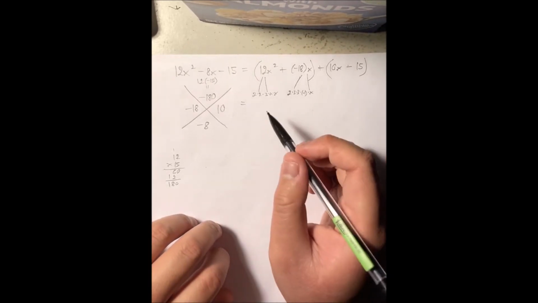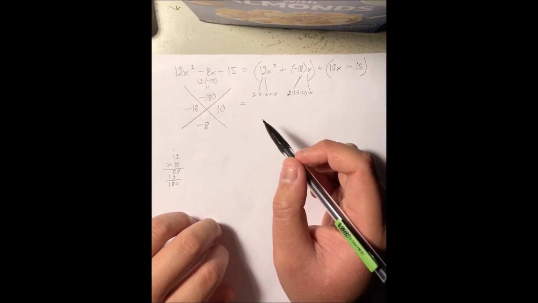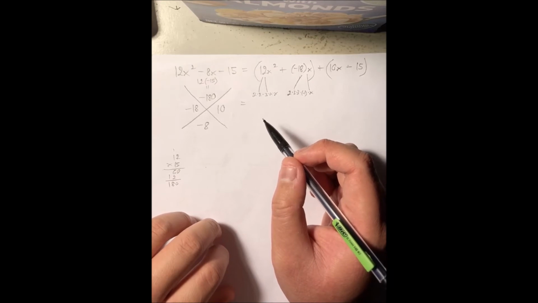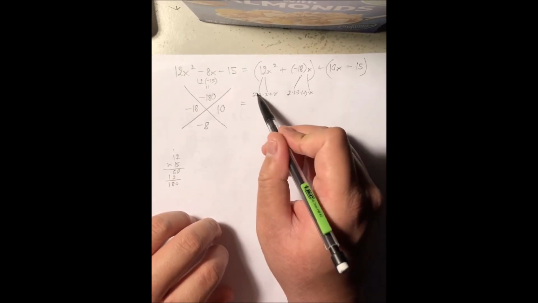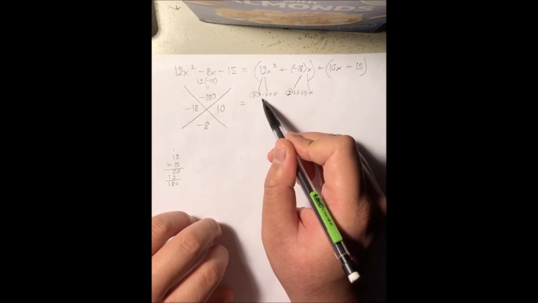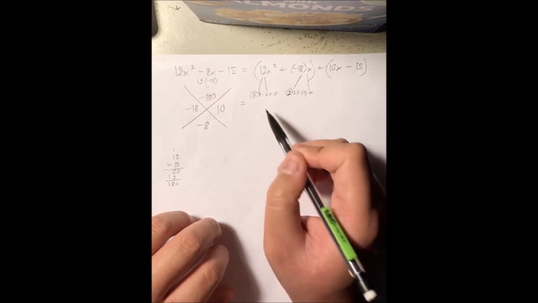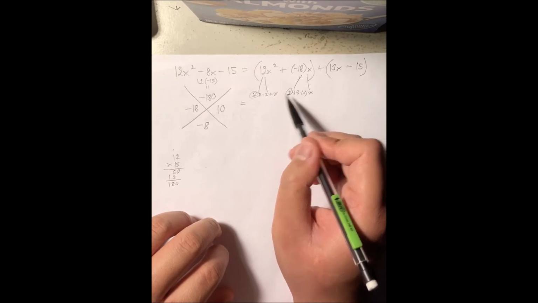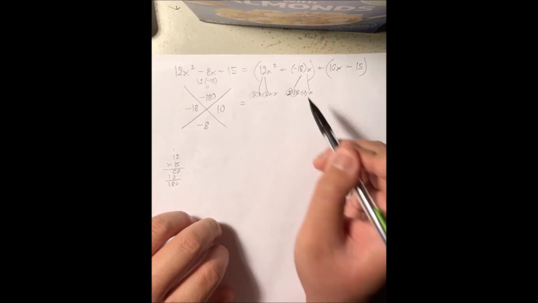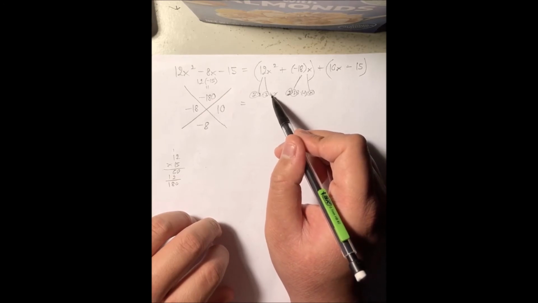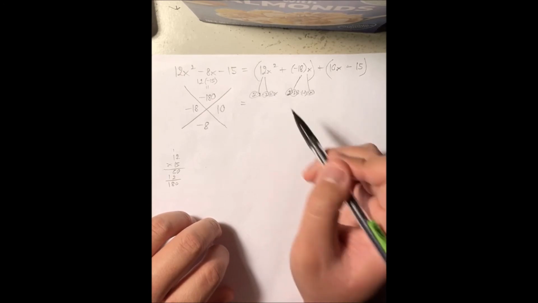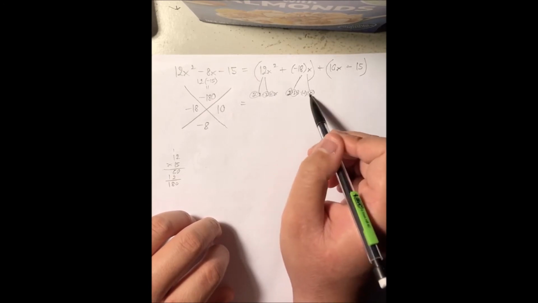Well, let's check for all of the common prime number factors. So we got 2 right here and 2 right there. That's 1. We got 2 right here, but no more 2 over here. We got 3 here and 3 there. We got an x here and an x there. We have an x here, but no more x over here.